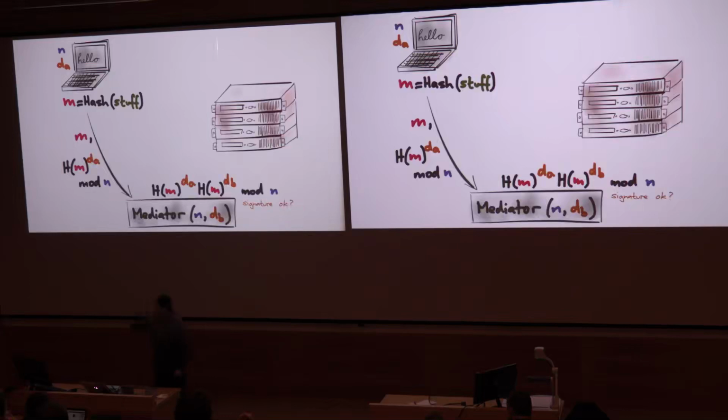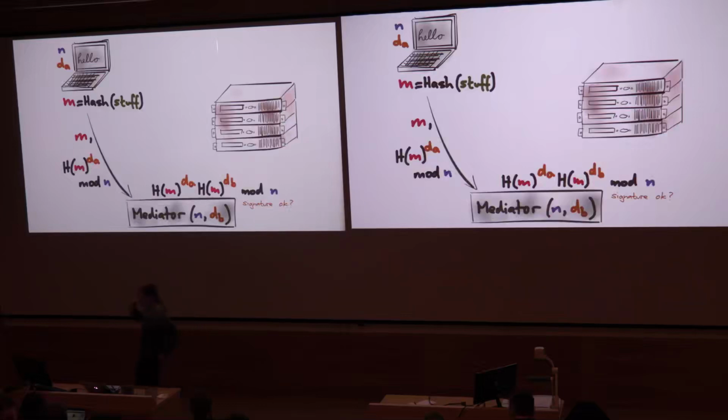If it is a valid signature, then the user has proved that they know the correct DA without giving anyone DA. But if this does not construct a valid signature, then the mediator just says, no, sorry, I'm not going to do any signing for you.